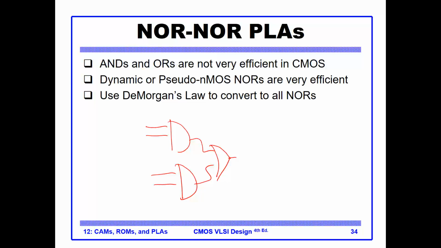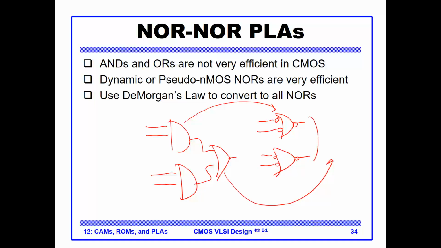So you can implement this as a NOR gate with inverted inputs, and this is easily verified by De Morgan's law, by the way. And you can implement the OR by a NOR gate followed by an inverter. So this is basic. I'm after these NOR gates. Those NOR gates are fast, but notice that here we have to invert the inputs.